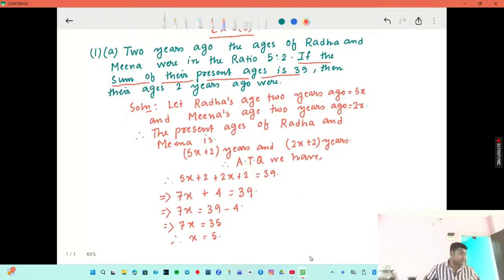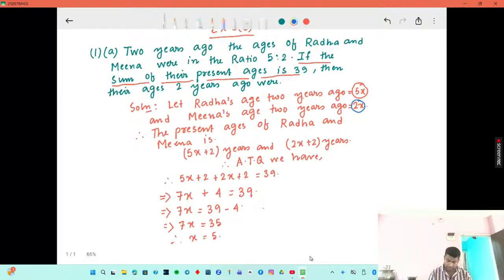Now in the question we have to find their ages 2 years ago, and the ratio of their ages 2 years ago is 5 is to 2, and we let Radha's and Meena's ages 2 years ago be 5x and 2x.